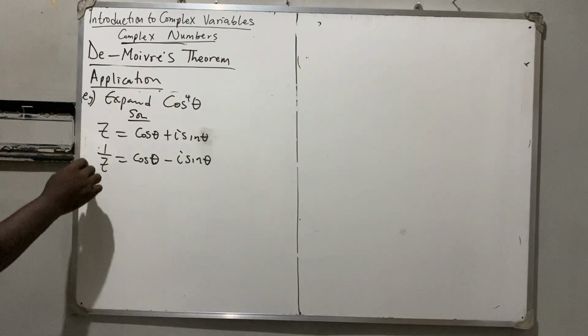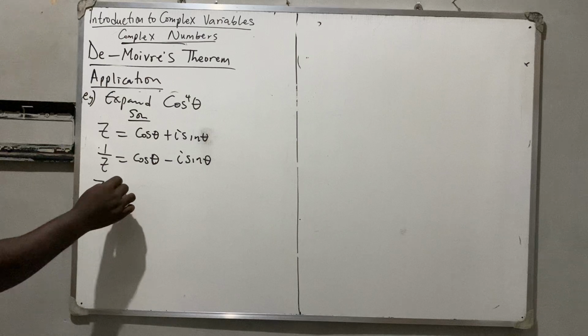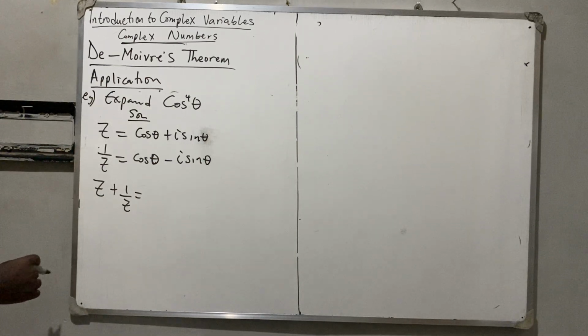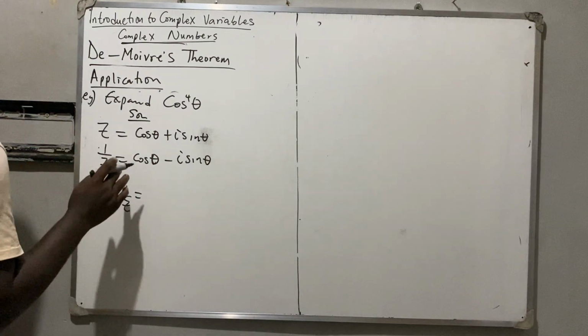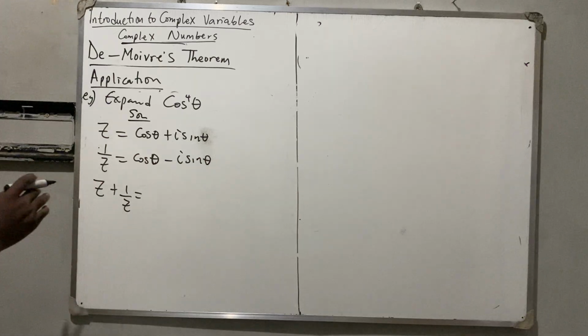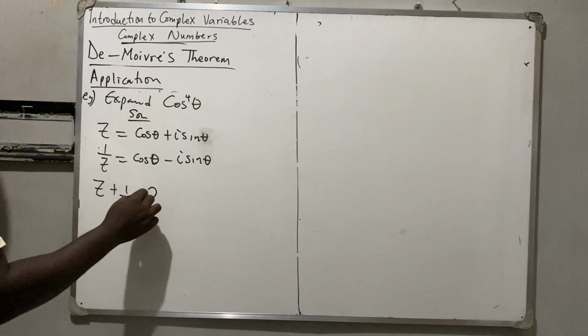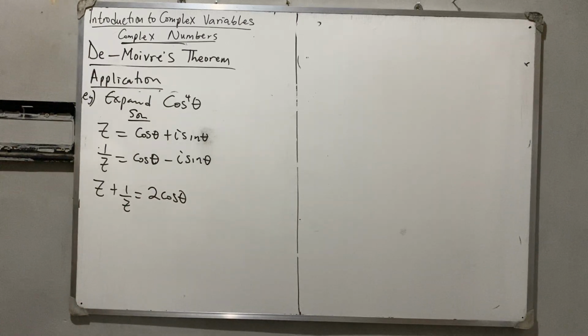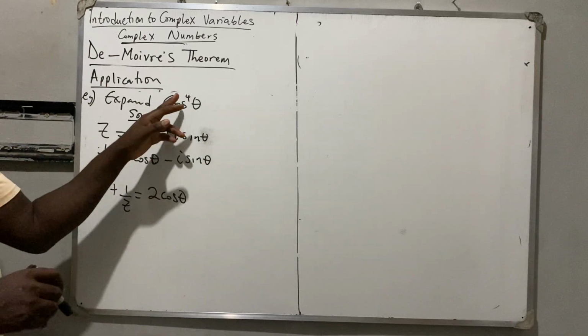If I add the two of them, I'm going to have that z plus 1 over z is equal to 2 cos theta. Now, remember that what I'm looking for is raised to power 4.